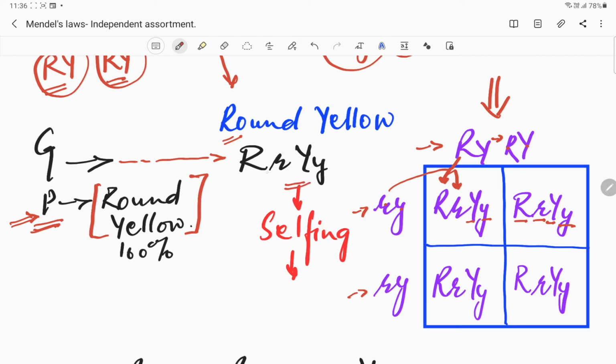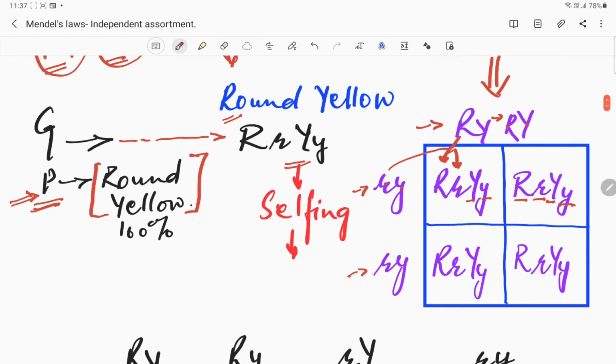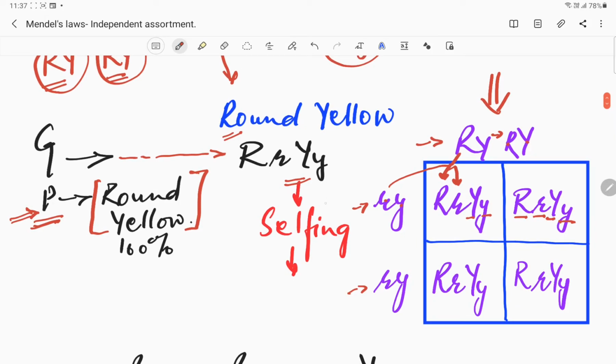So the genotype capital R, small r, capital Y, small y were selfed. These plants were selfed. And now let us first of all look at what are the possible combinations of gametes that can be formed by the offsprings of the first generation. So let us have a look.